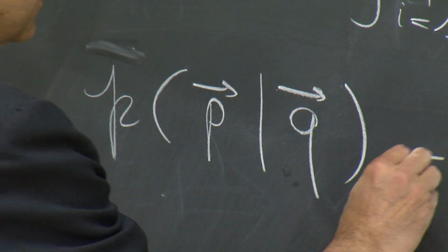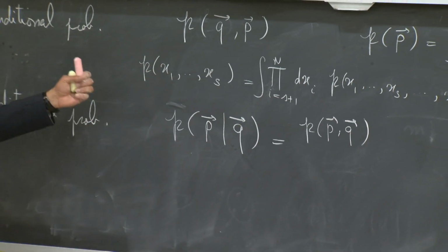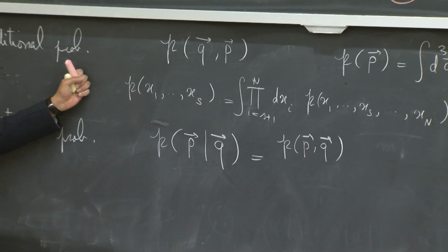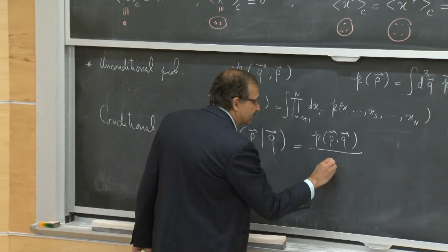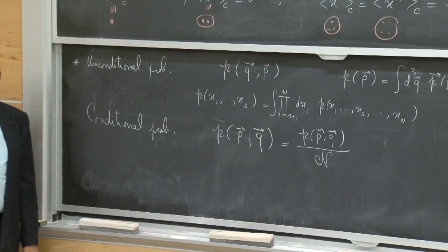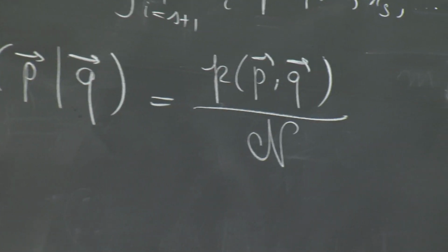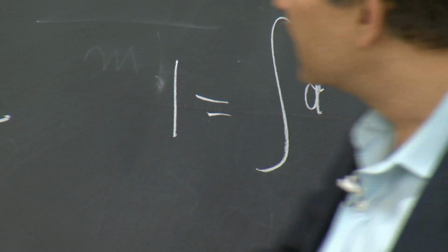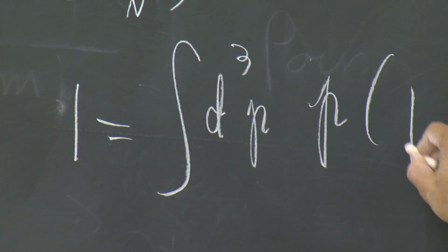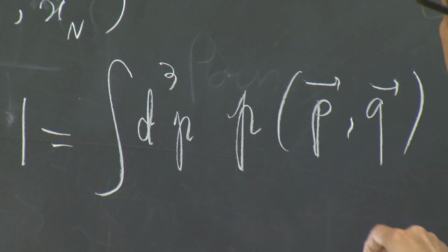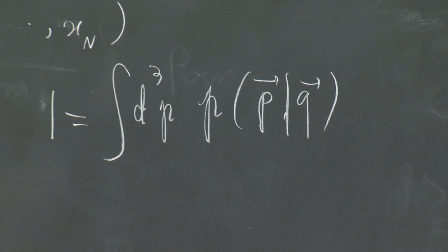This again is going to be proportional to the probability that I will find a particle both at this location with momentum p. So I need to have that. But it's not exactly that. There is a normalization involved. And the way to get normalization is to note that if I integrate this probability over its variable p, but not over the parameter q, the answer should be 1.